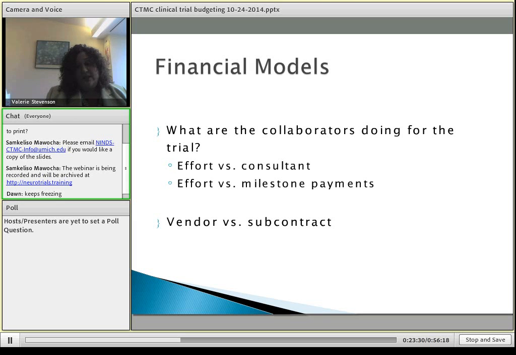When we think about how we pay investigators and participants in our study, there are different ways to provide them support. There may be opportunities for people to be consultants, and it really matters what they're doing for the trial. If you're utilizing someone's services a couple times a year, it may be appropriate to pay them as a consultant.